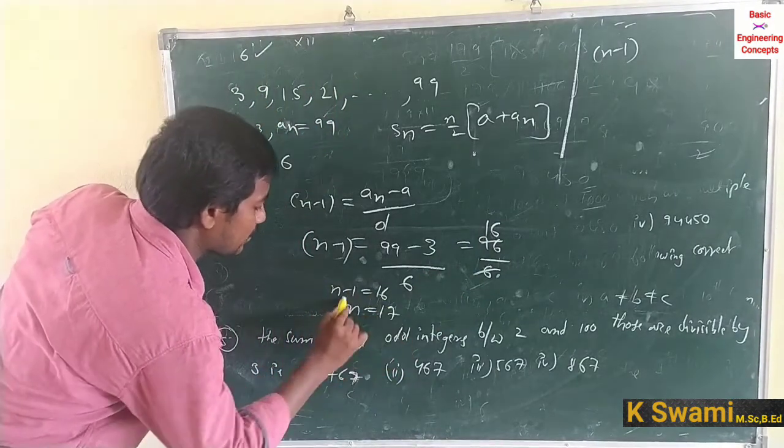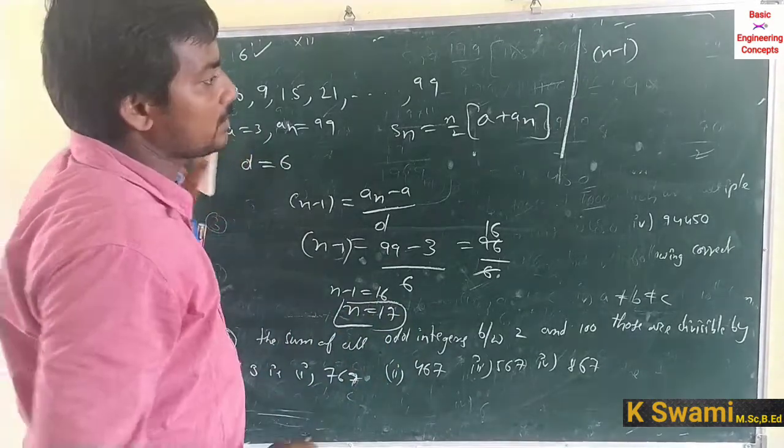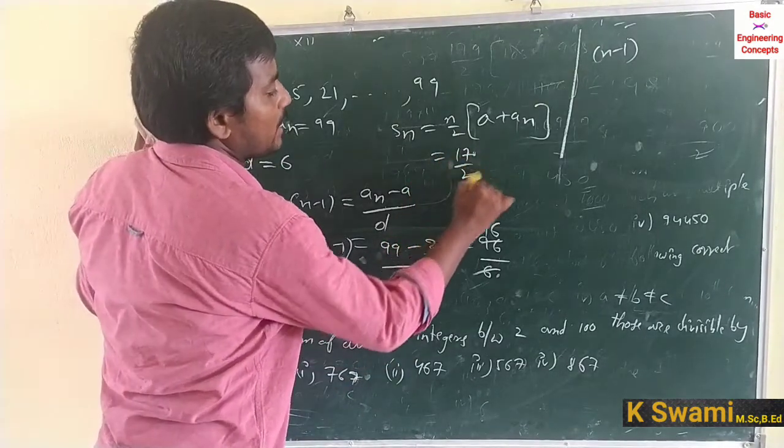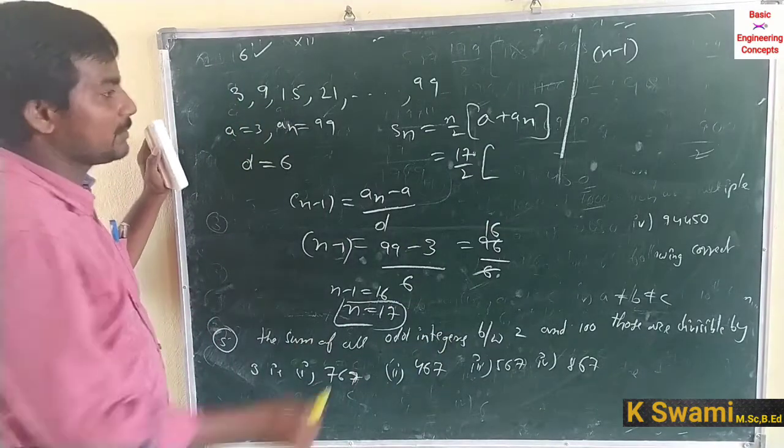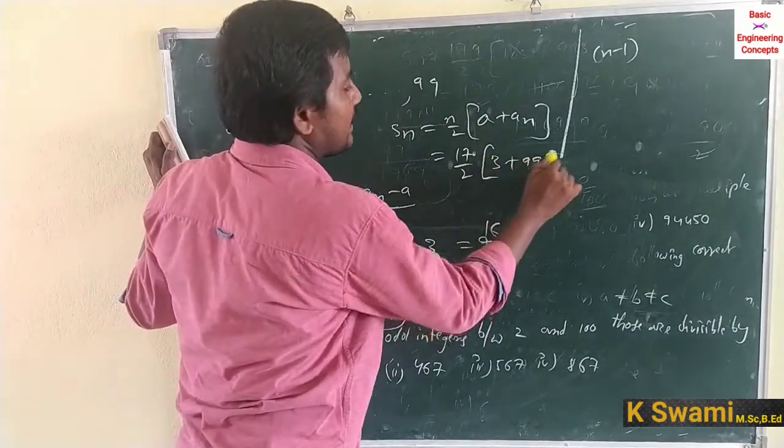n is equal to 17, therefore Sn is 17 by 2 into the first term 3 and the last term 99.